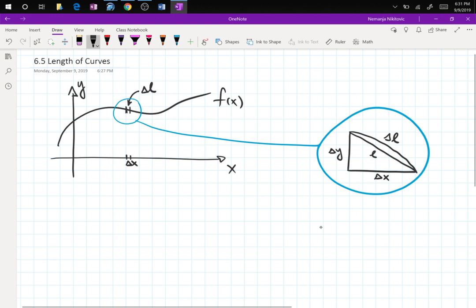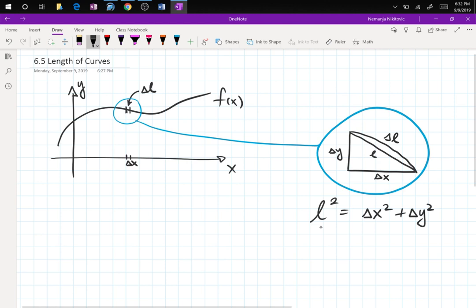You can calculate it by the basic Pythagorean theorem of delta x squared plus delta y squared. So all I did is enlarge this little segment, so it's just a zoom in, and we write the Pythagorean theorem for this piece.